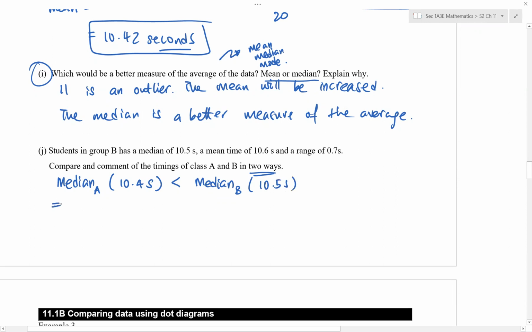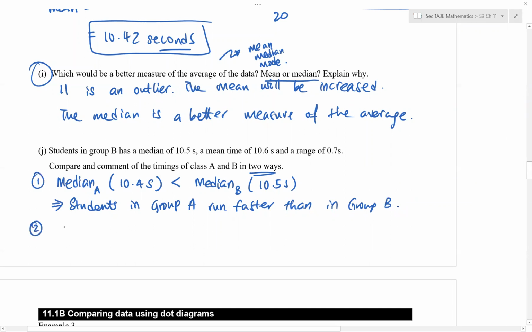The conclusion for this: if the median for A is less than the median for B, generally the students in group A run faster than those in group B. Okay, so that is our first comparison.